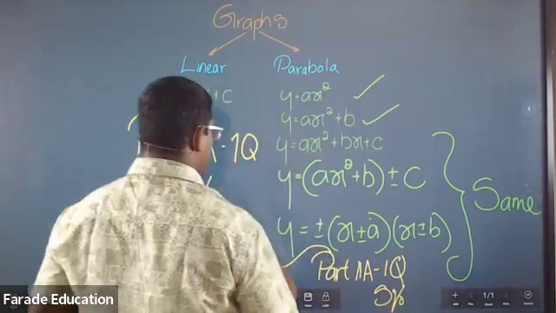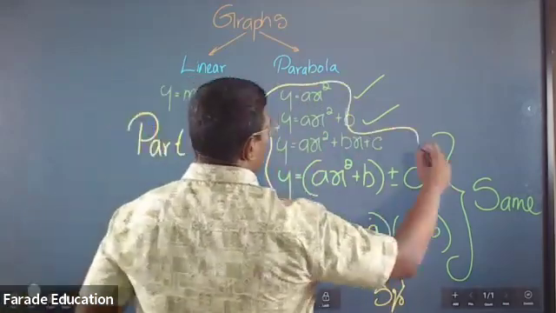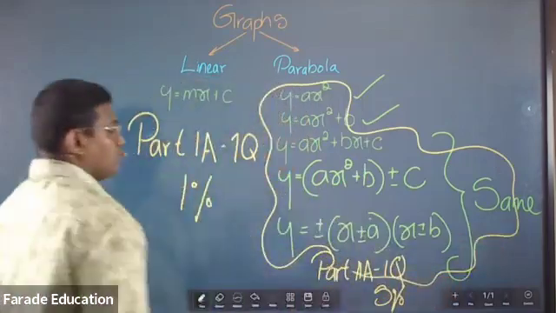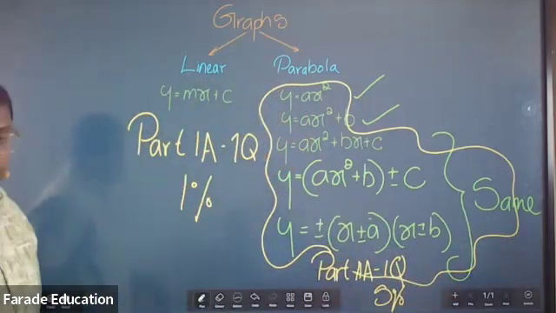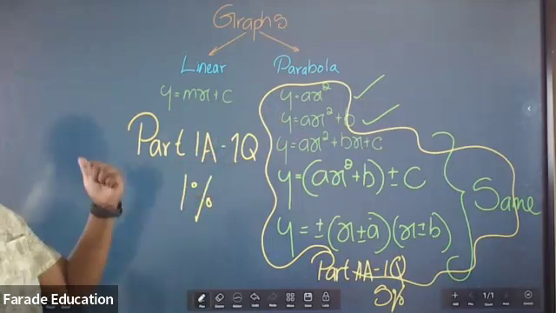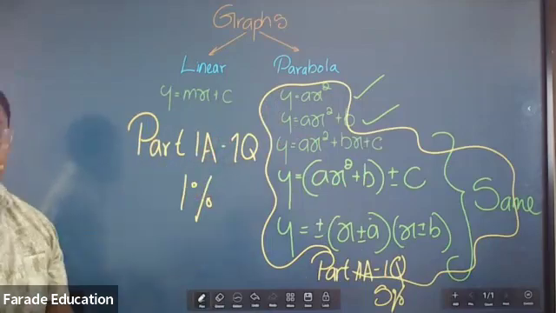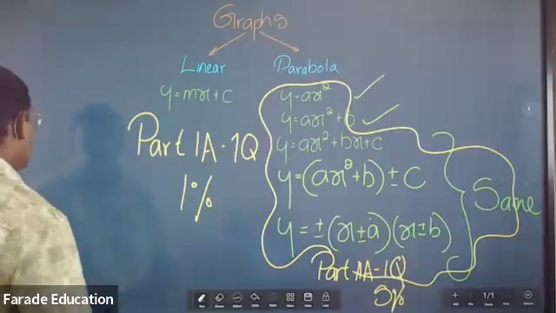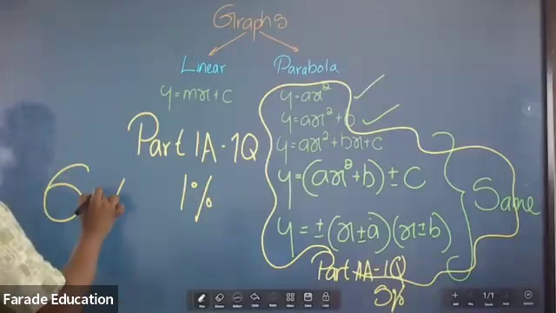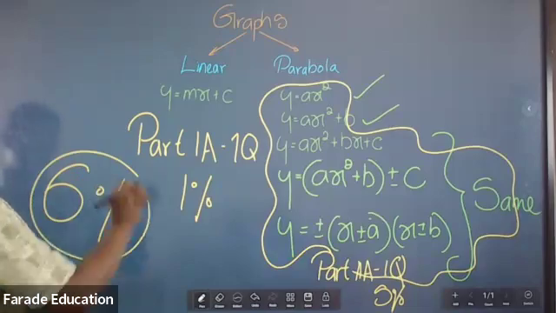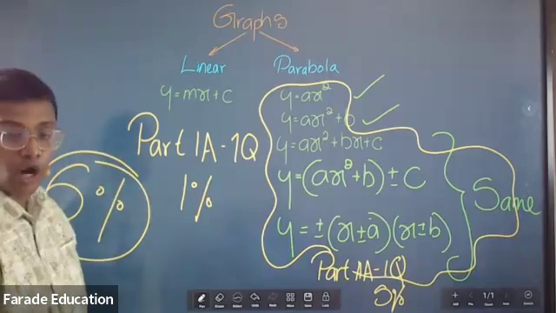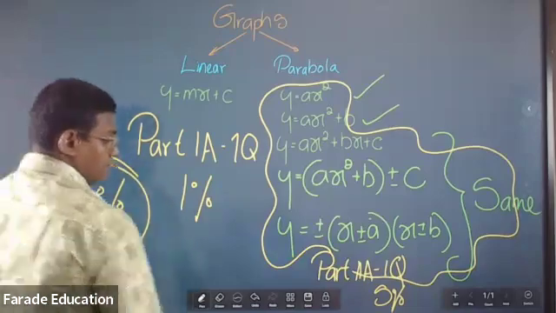It has always been from the parabola graph. The linear graph question is always in the part 1A, up to now, and the parabola graph question is in the part 2A, 5. So this section has almost 6 out of 100 marks in your exam paper. This is for linear and parabola.